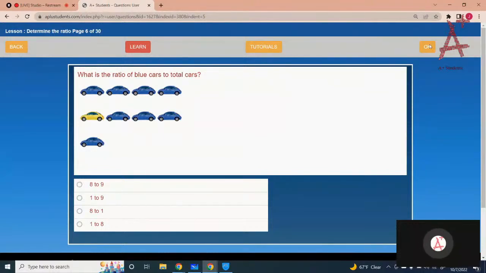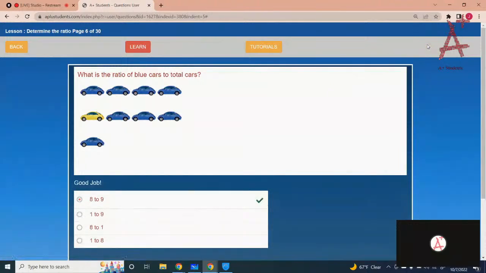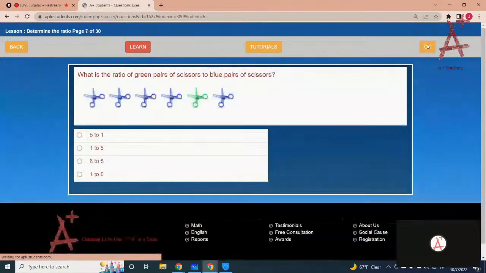So the correct option is 8 to 9. The total are 9. It would be 8 to 9.